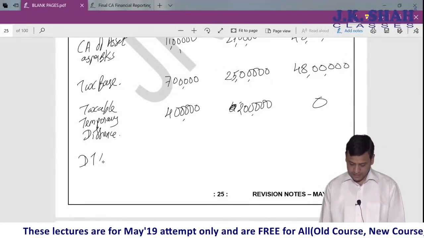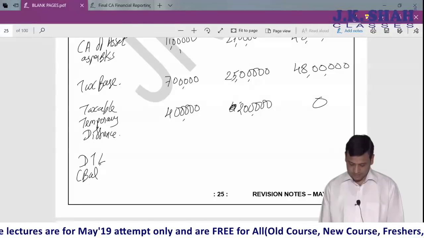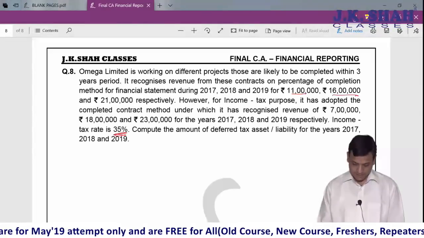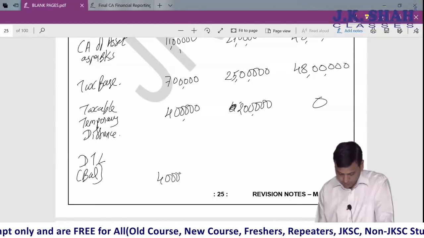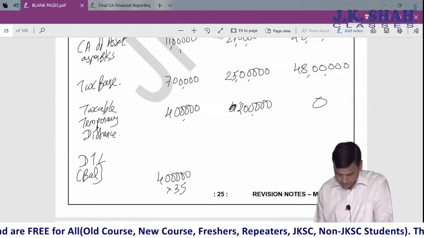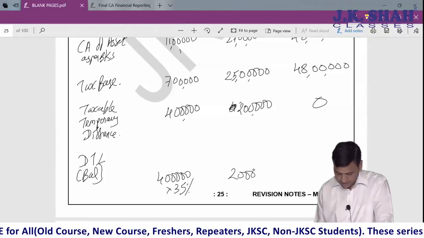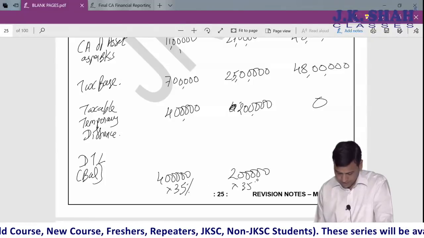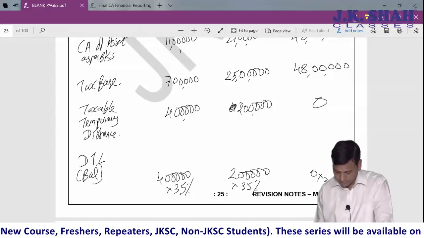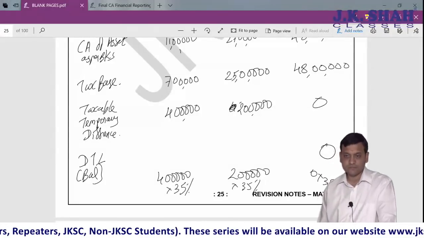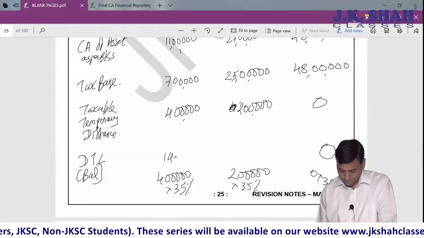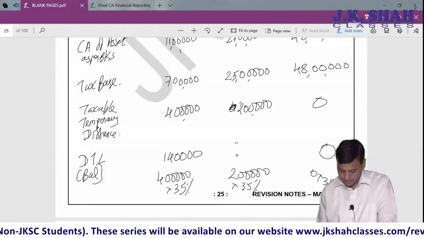So DTL balance. What is the tax rate? 35%. So what balance do I want? 4 lakh का 35%, 2 lakh का 35% or 0 का 35%. It is 0 only. 1,40,000. 70,000 reverse.